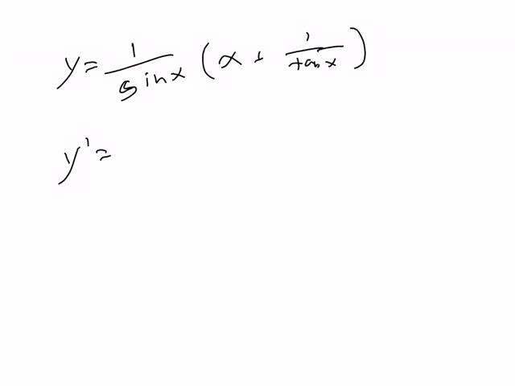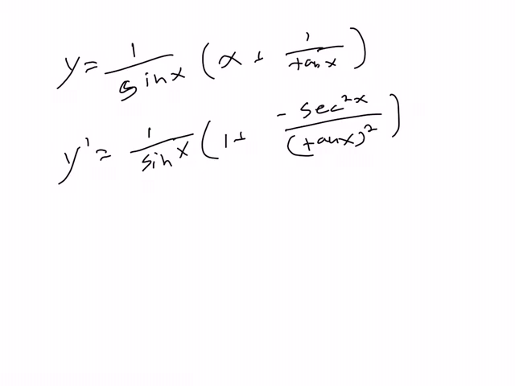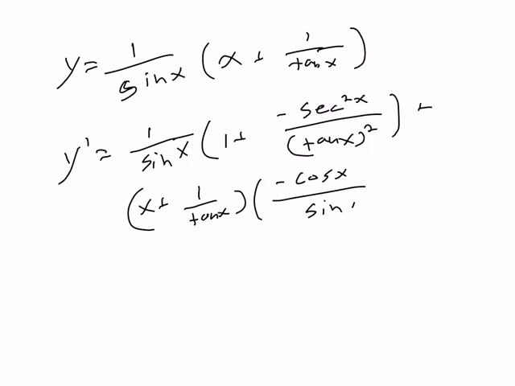We have y prime is equal, we have the product rule over here, so 1 over sine x times 1 plus, and then I'm going to have negative secant squared x over tan x squared, plus x plus 1 over tan x times, and then I'm going to have negative cosine x over sine x squared.